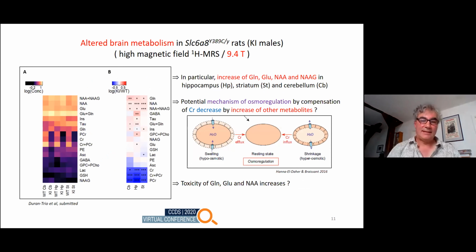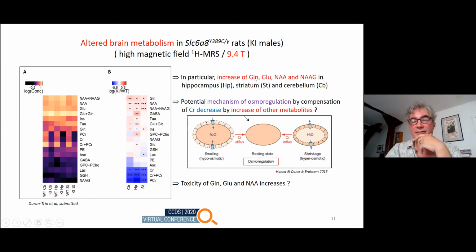We also looked at all the other metabolites that could be measured by the MRS. We are using high magnetic field MRS at 9.4 Tesla. You see here the whole list that can be measured. What is interesting is that in contrast to the decrease, of course, of creatine and phosphocreatine, we observe a quite strong increase in glutamine, glutamate, and N-acetyl aspartate in all the brain regions we have measured.